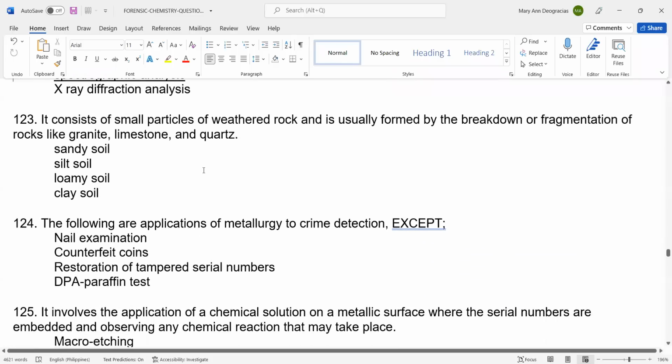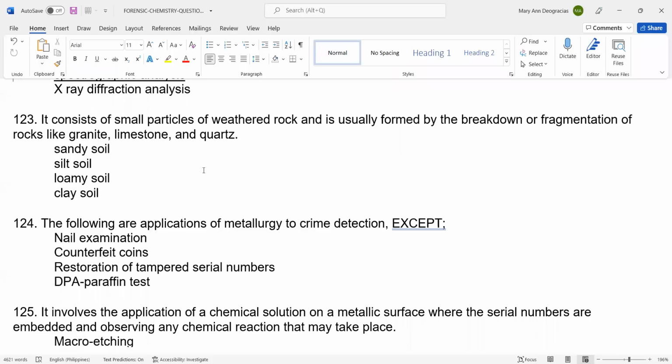123. It consists of small particles of weathered rock and is usually formed by the breakdown or fragmentation of rocks like granite, limestone, and quartz. Is it sandy, silt, loamy, or clay? Eliminate loamy, because loamy is a combination of the four. Clay is a sticky soil. So eliminate loamy and clay. Your choices are sandy and silt.